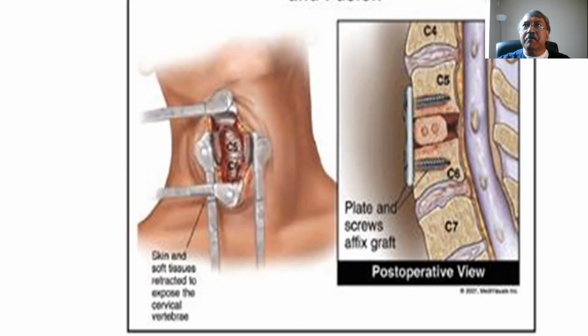So this gap, the material is gone. Now it's replaced with a bone graft and plating, screwing. So this area is stabilized, and along with that, the pressure on the spinal cord is eliminated totally.